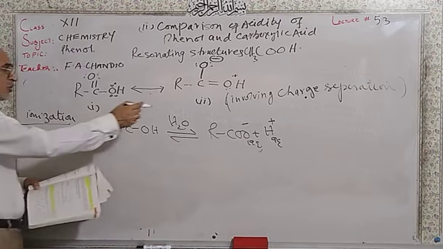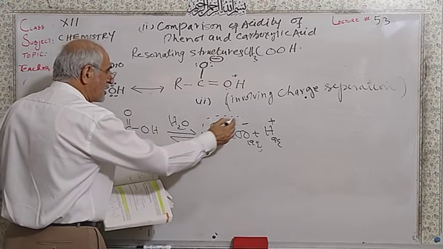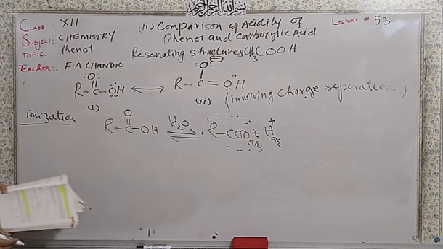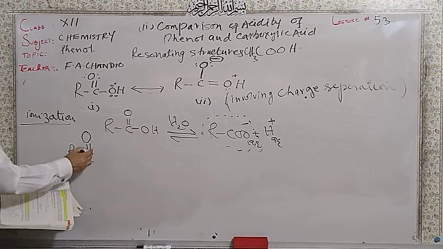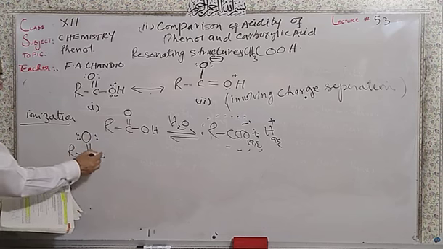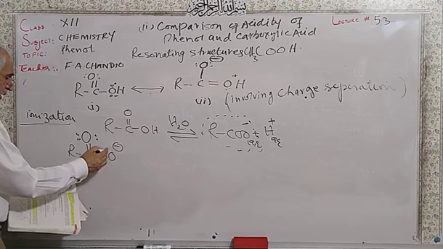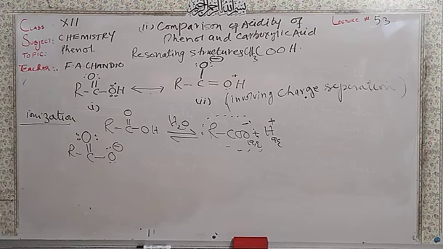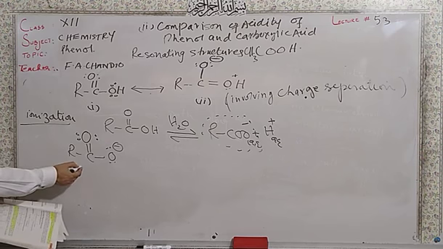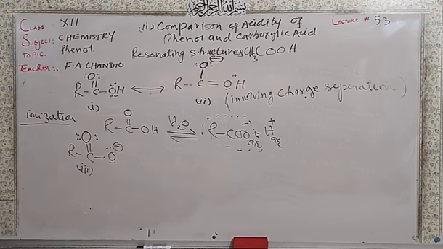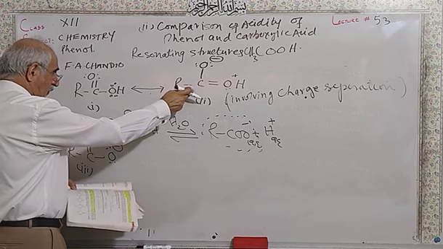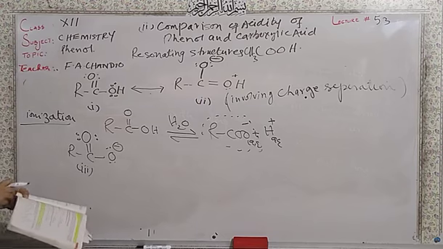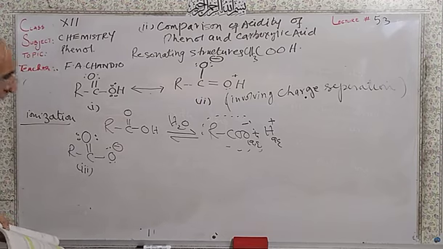Now we are going to make the resonance structures of this carboxylate ion. This is R, double bond O, lone pairs on oxygen. This is the carboxylate ion, and this is the third structure. The first is the whole carboxylic acid, the second is the resonance structure of carboxylic acid, and the third is the carboxylate ion.